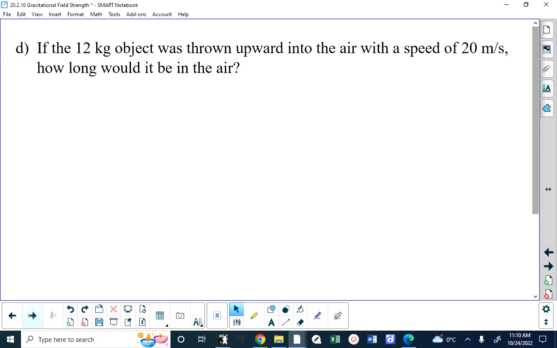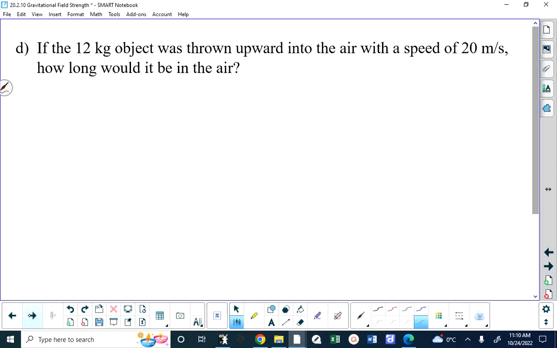When we take a look at this last question, if you could throw this object up at 20 meters per second, how long would it be in the air? I hope you understand it's not going to be in the air very long, because the acceleration due to gravity downward is so large.